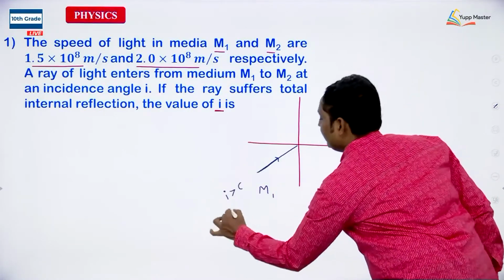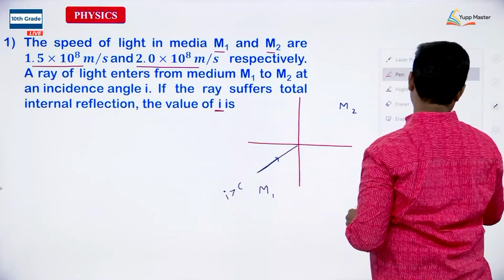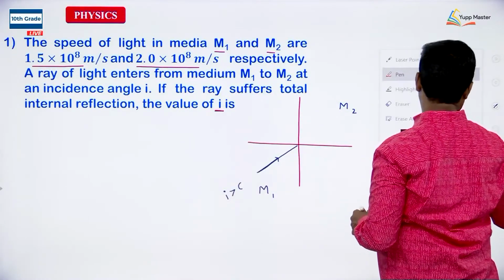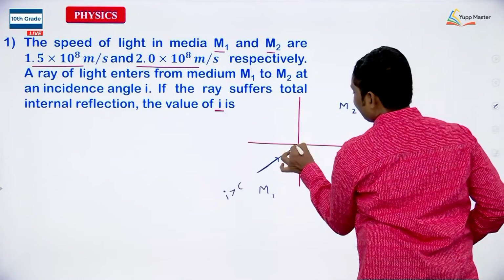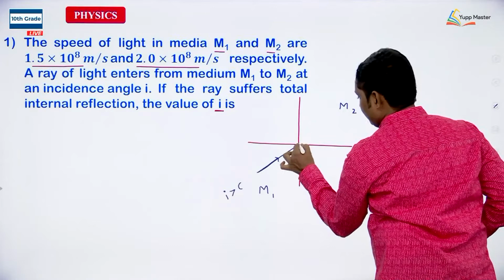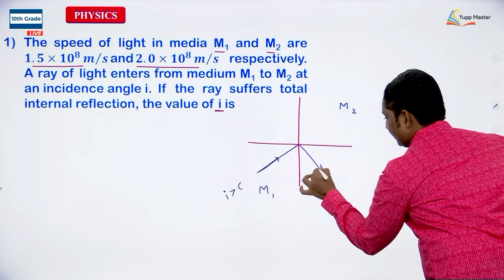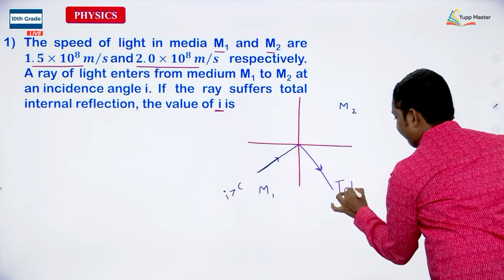This light is going to be totally internally reflected. This is the total internal reflected light ray.